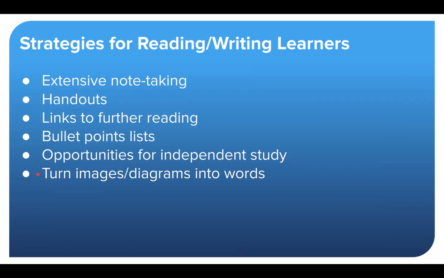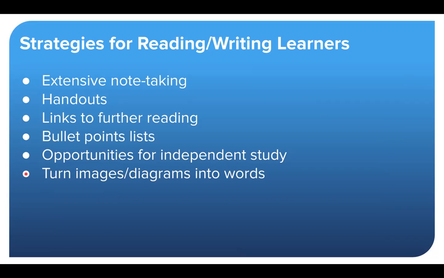Activities that involve turning images into diagrams, and turning images and diagrams into words, are also good for your reading and writing learners. It helps them with learning and understanding. For example, an image about a specific topic like the environment, a historical event, food or fashion.